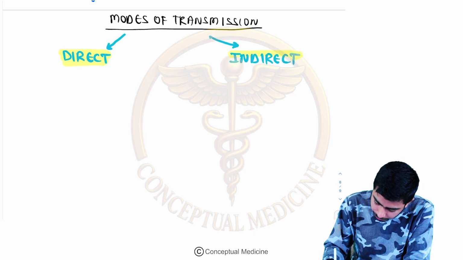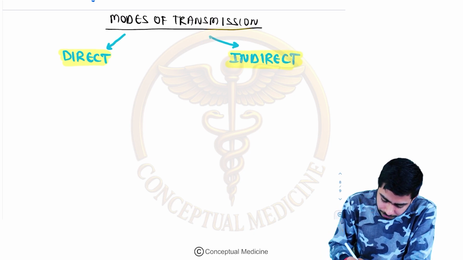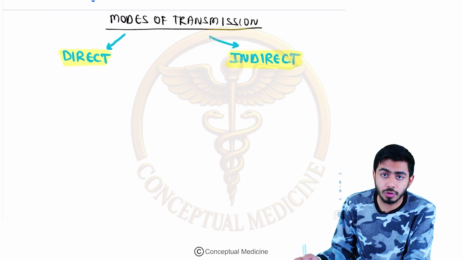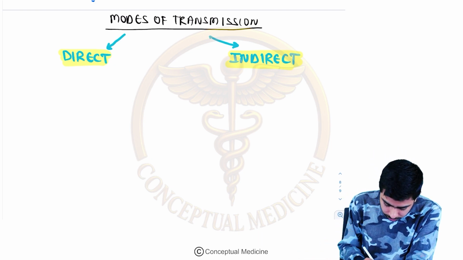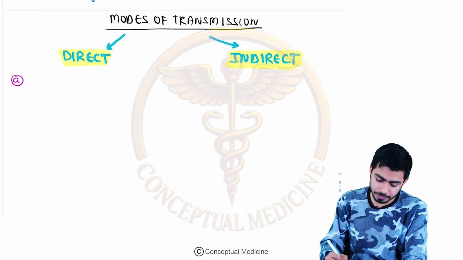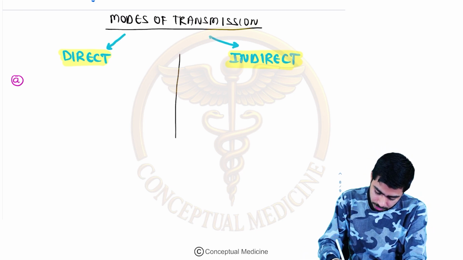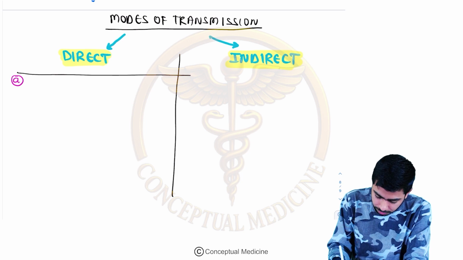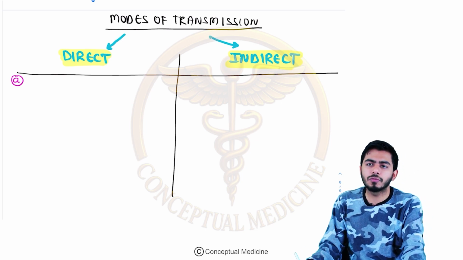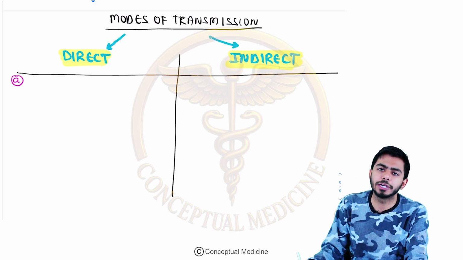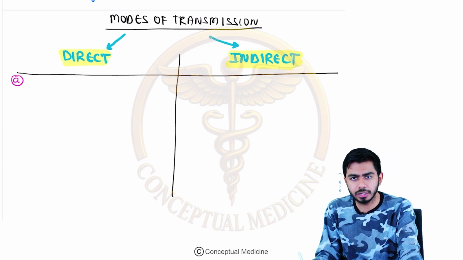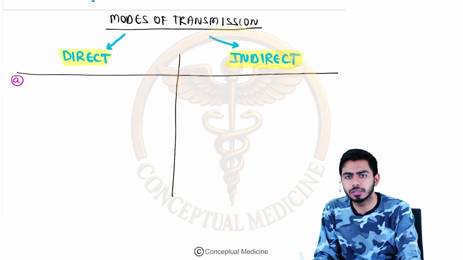Let's talk about them. First, the direct category. Let me divide it like this. What kind of modes can we see in the direct and what kind can be seen in the indirect?